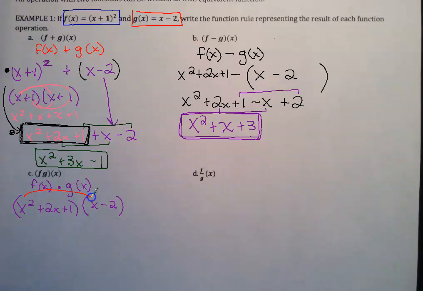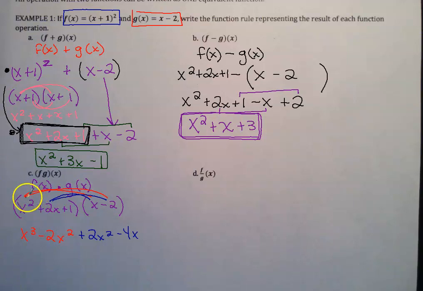So x squared times x is x cubed. x squared times negative 2 is minus 2x squared. Then I'm going to do 2x times x, plus 2x squared, and 2x times negative 2, minus 4x. So you just completely ignore the 1? No, I'm going to do it next.